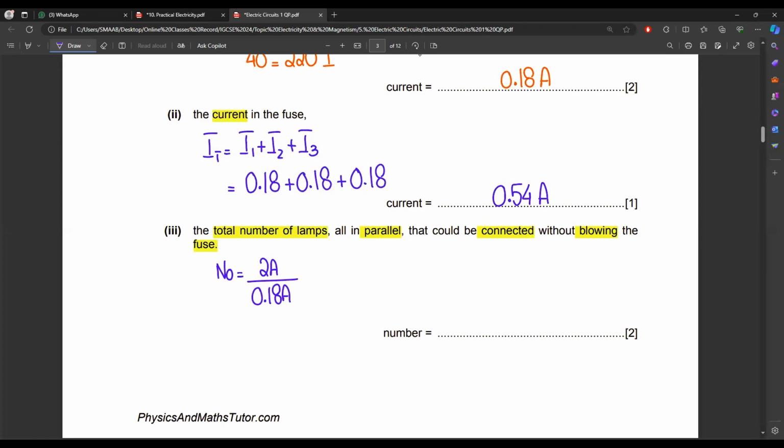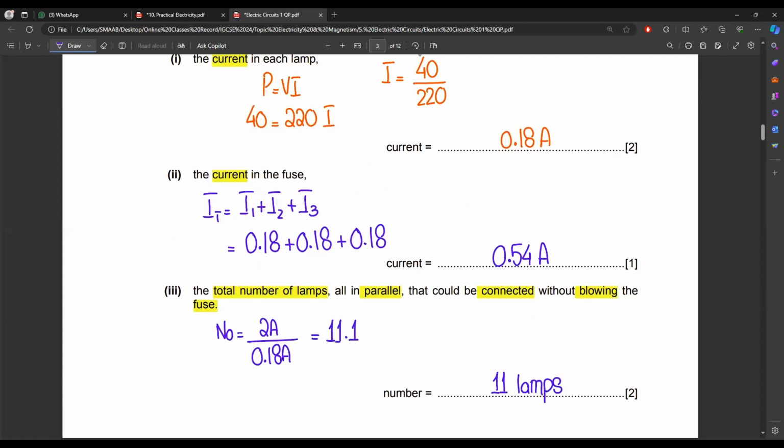So it will help you to find out how many lamps you can connect in a circuit under this value of 2 ampere. So 11.11 is the number. So it means we are able to connect between 10 or 11 lamps in the circuit, right?